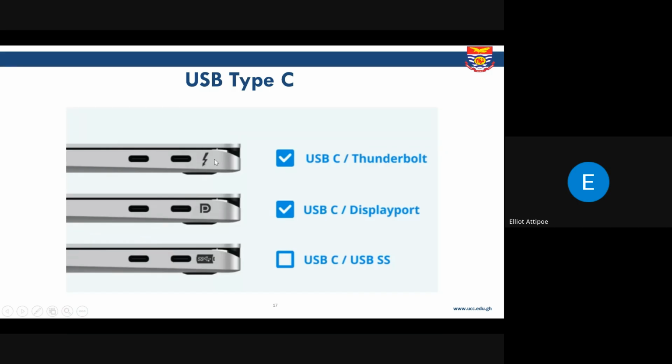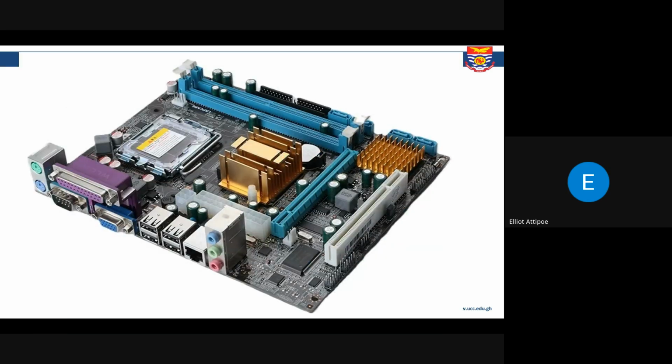Some are used for charging, others are used for display, others are used for data. So there's a need to do some small search before you pick them, right? Essentially, you have to be familiar with the ports you have on your computer, and then if there's a need to get an additional one, you do so.